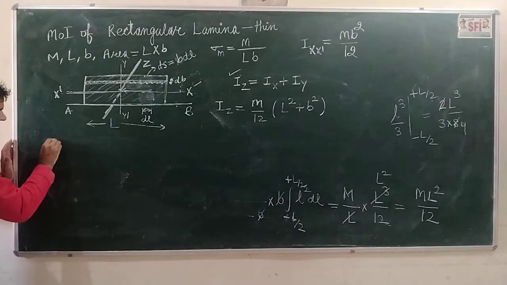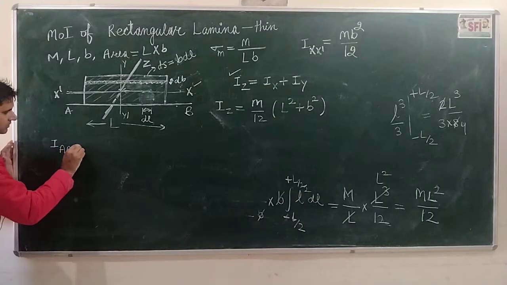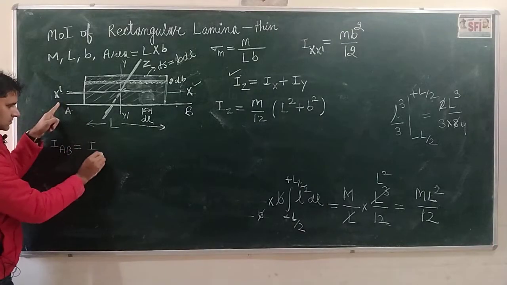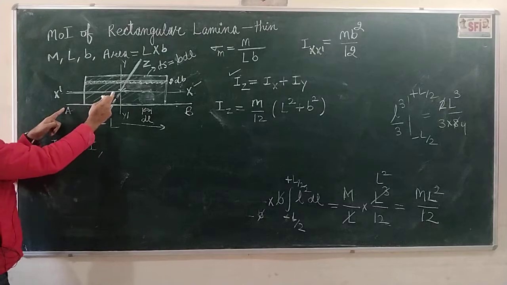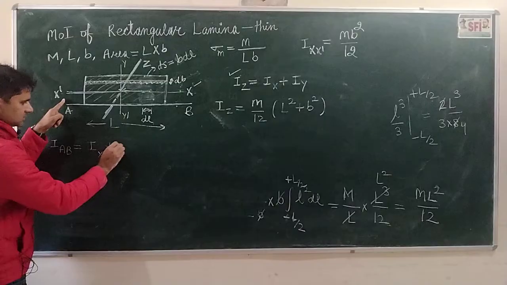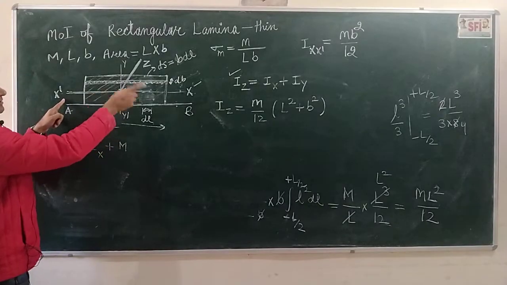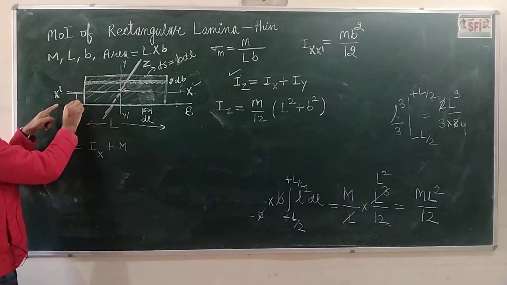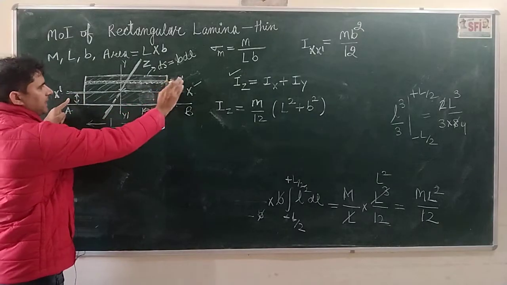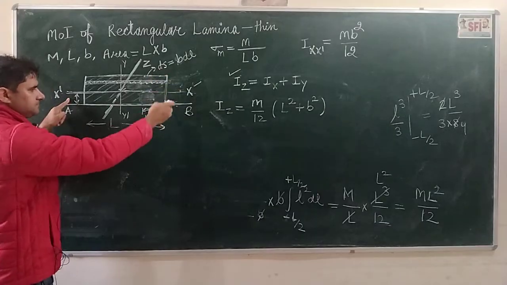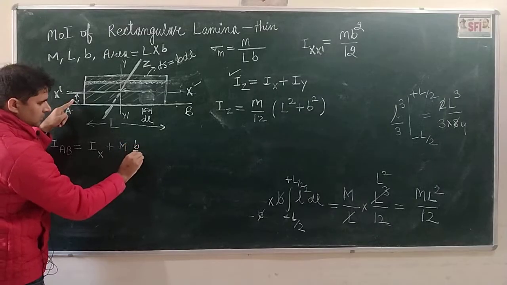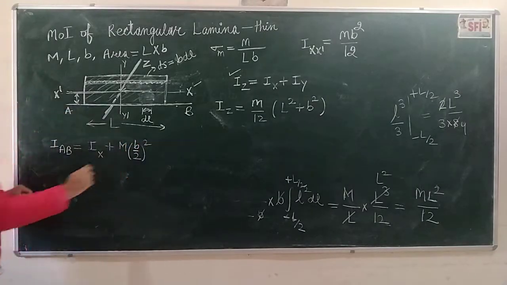So the moment of inertia about AB will be equal to the moment of inertia about an axis which is parallel to this and passing through the center of mass, that is the x-axis in this case, plus the total mass of the lamina times the square of the perpendicular distance. Here the breadth of this lamina is b, so this distance will be b by 2. So square of b by 2. In this way you can solve it.